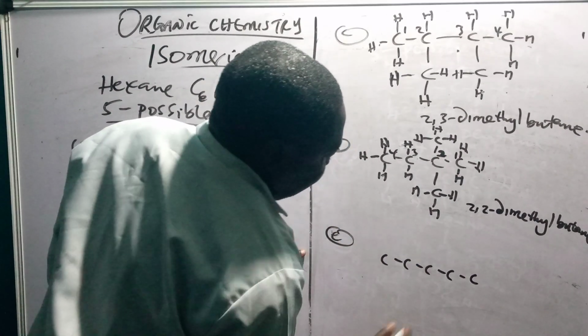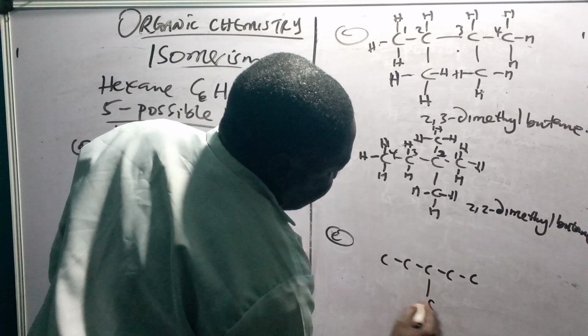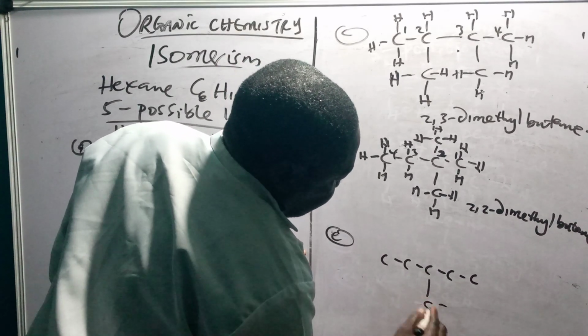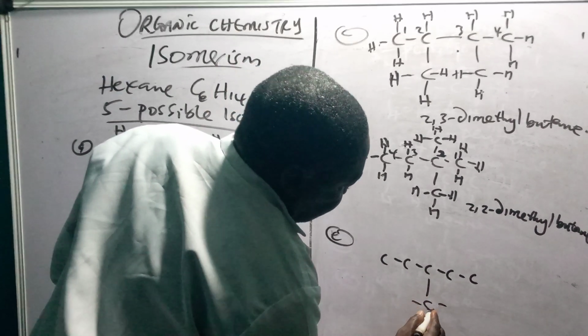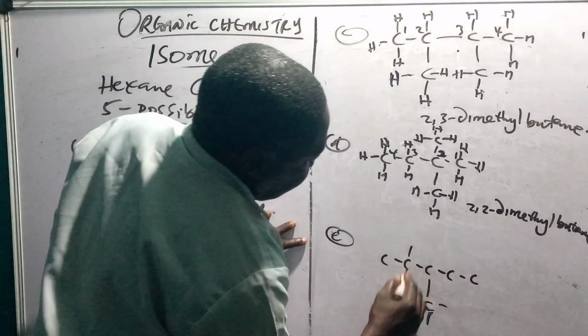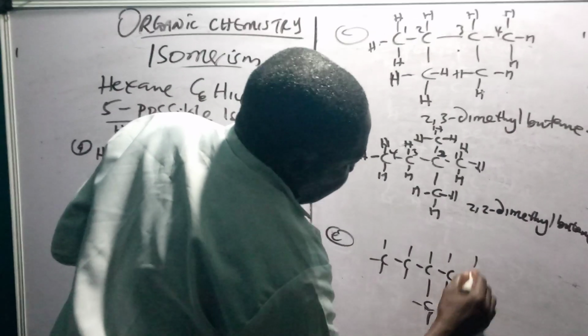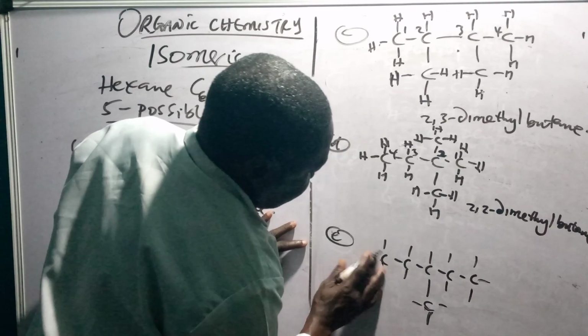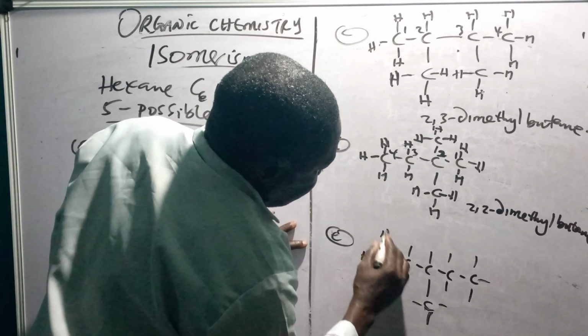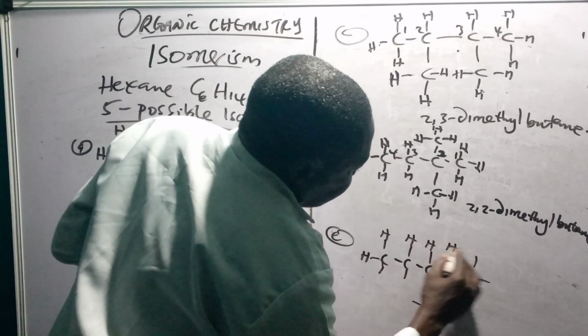Then the last one. Remember we said you have 5 possible isomers. You just put it at the center so that the number of groups at both sides are equal. The number of alkyl groups.